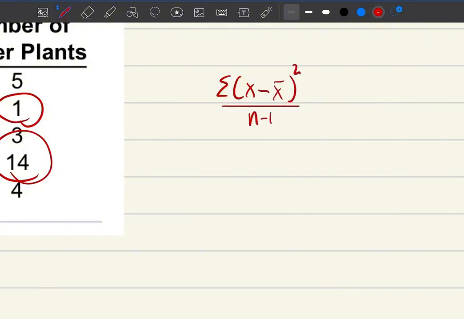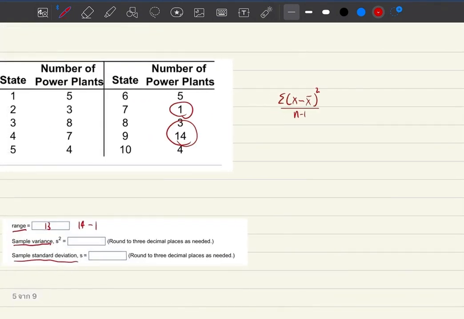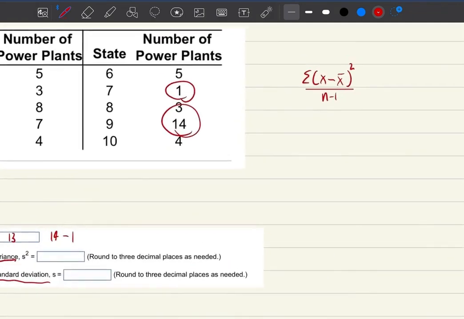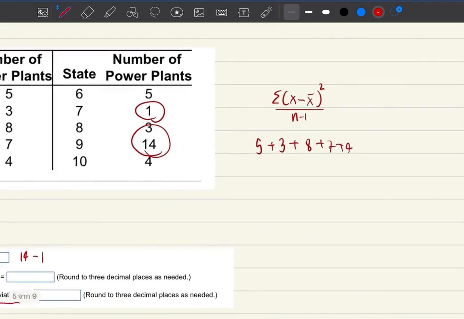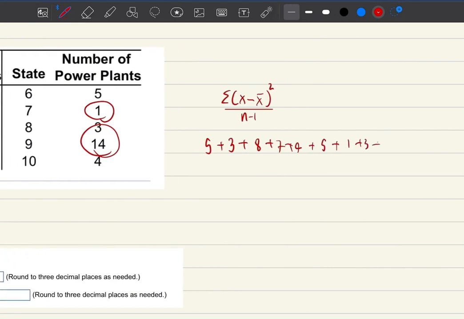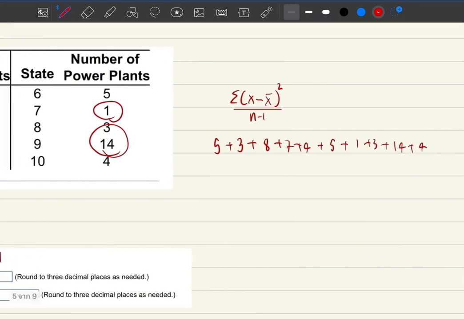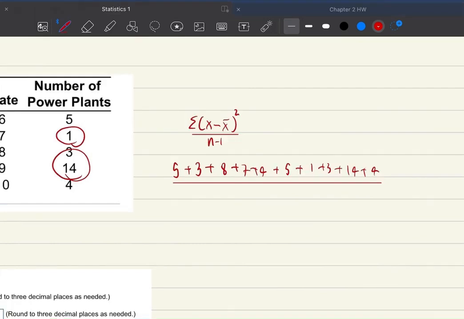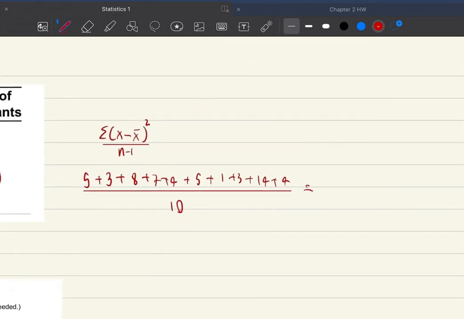So to find the mean, we have 5 plus 3 plus 8 plus 7 plus 4 plus 5 plus 1 plus 3 plus 14 plus 4, divided by 10. So this will equal 5.4.